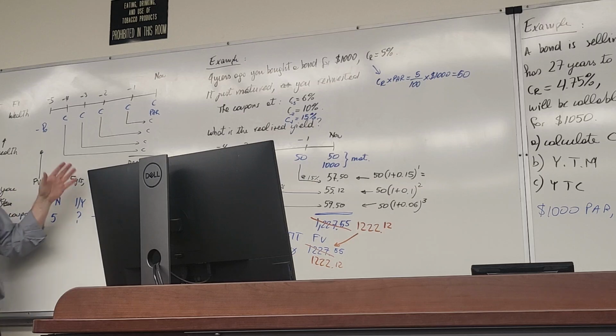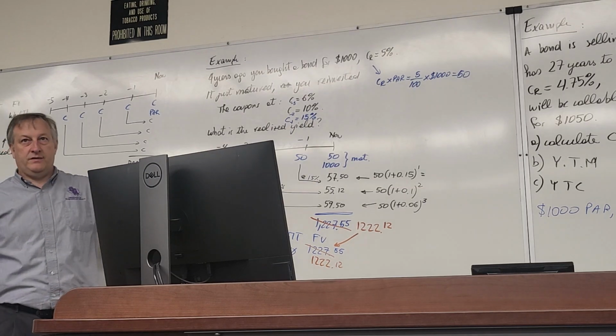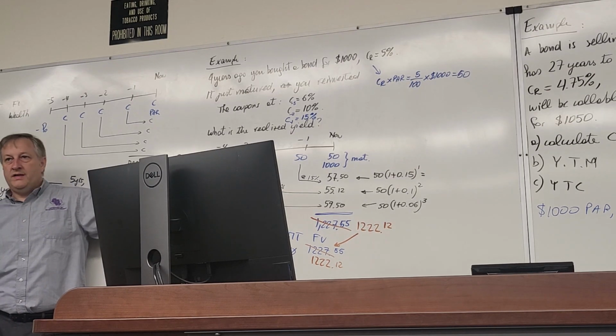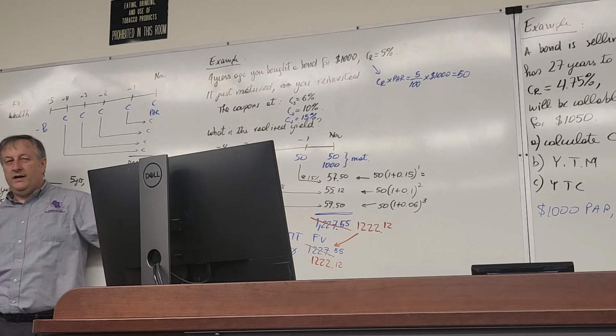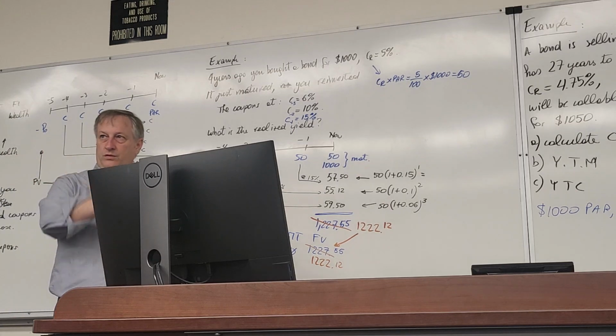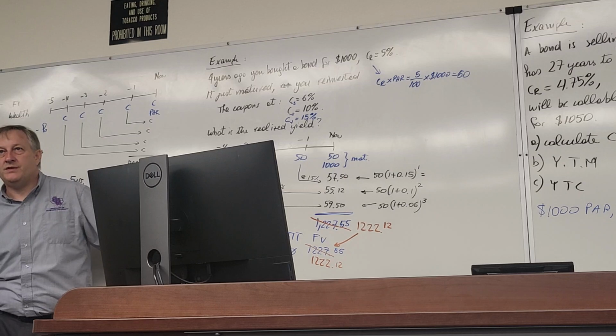So had we calculated the yield to maturity at this point, we would have said the yield to maturity is 5%. In order for you to earn 5% from the bond investment, what do you have to do? Hold it until maturity, we did that, and then what else? Reinvest the coupons at a rate equal to 5%. We ended up earning 5.14%.